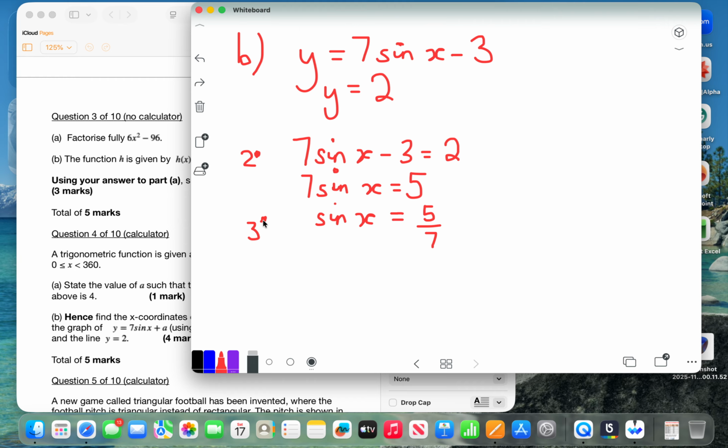Now, what we want to do is consider what's known as a CAST diagram. I've done this in other videos.